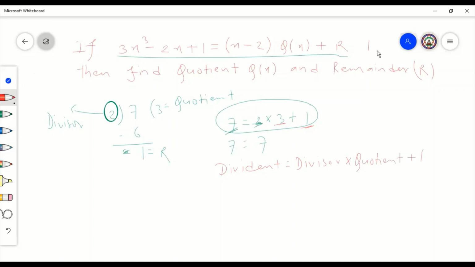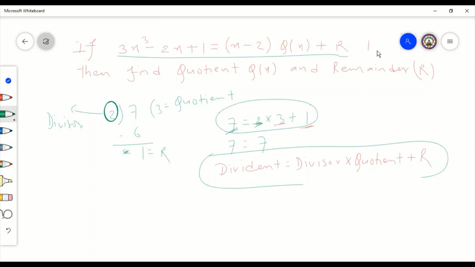This is one of the very important formulas to know, whenever we divide any polynomial, whether it's correct or not over here. So that is the dividend equals to divisor into quotient plus remainder.